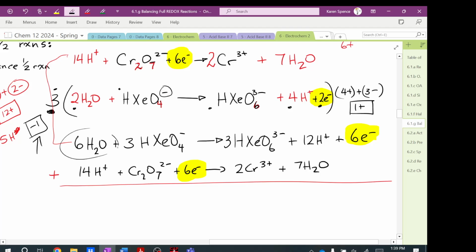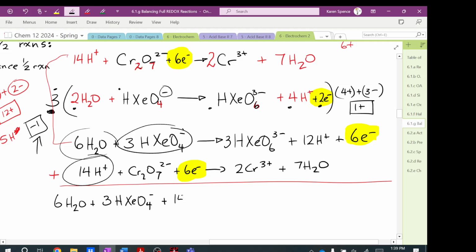So we've got 6 H2O, 6 H2O. We have 3 HXeO4 minus, 3 HXeO4 minus plus, and these get really long. So I keep going with my reactants. I go to my second half reaction plus 14 H plus Cr2O7 2 minus.